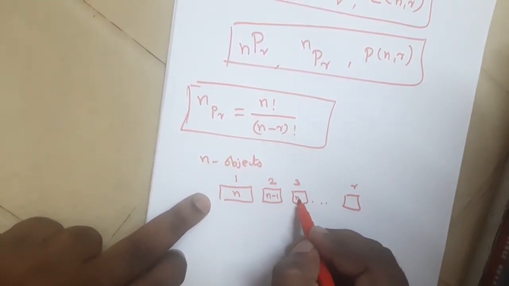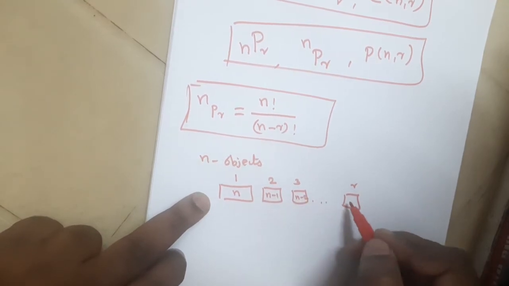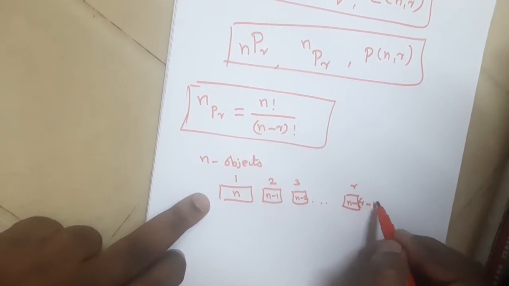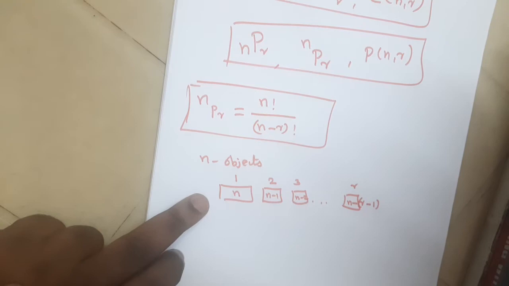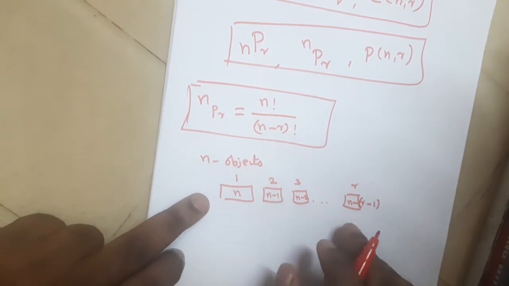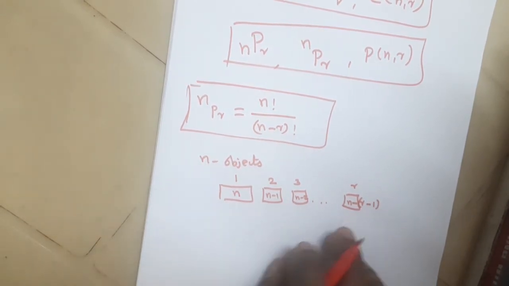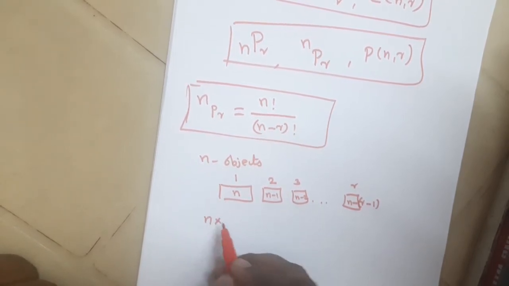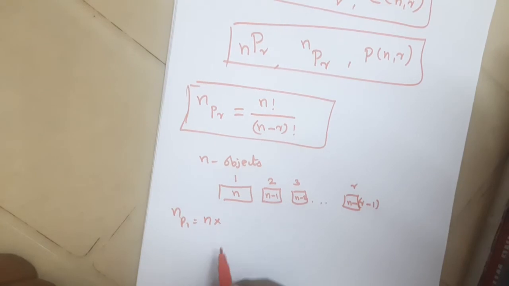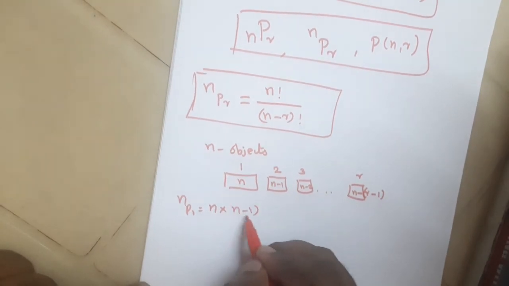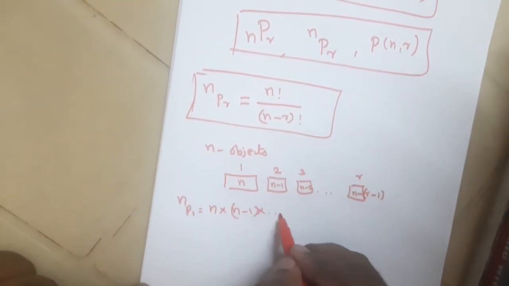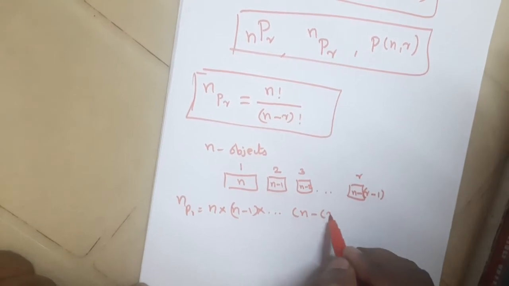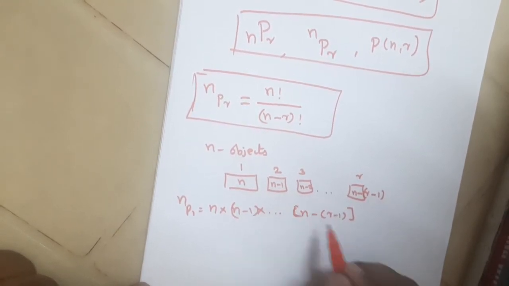Similarly n minus 2, etc. Here n minus of r minus 1 ways. So the total arrangements, that is nPr, is given by n into n minus 1 into etc. into n minus of r minus 1.